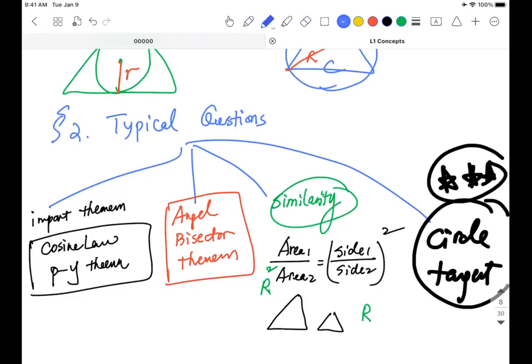However, if you use the technique we introduced in our lecture, it's going to be so easy for you to figure them out. So these are the four major high-frequency testing topics: some Pythagorean law, some cosine law, the angle bisector theorem, similarity using the similarity ratio's perfect square equals area ratio, and some complicated circle tangency problems.